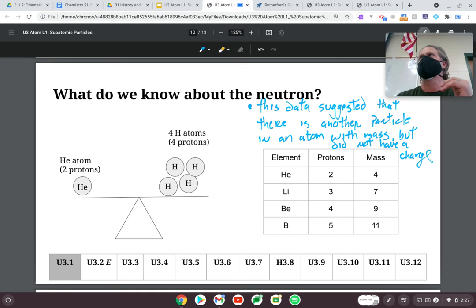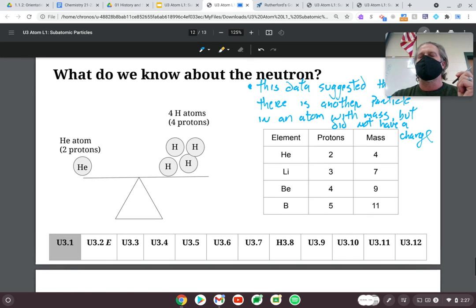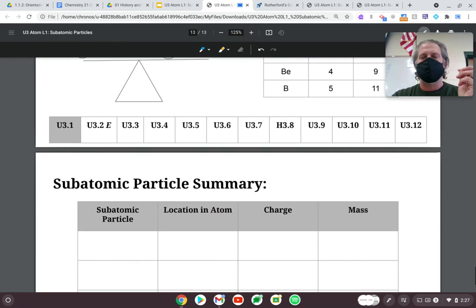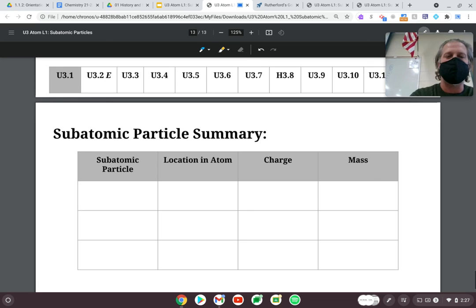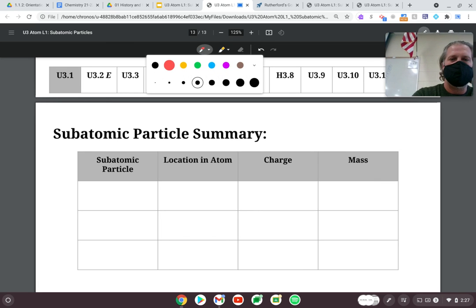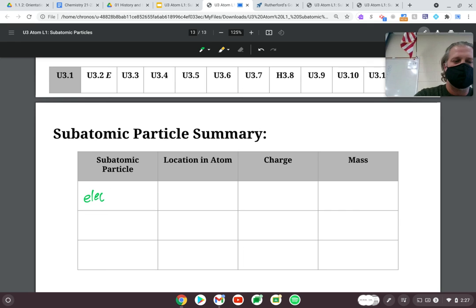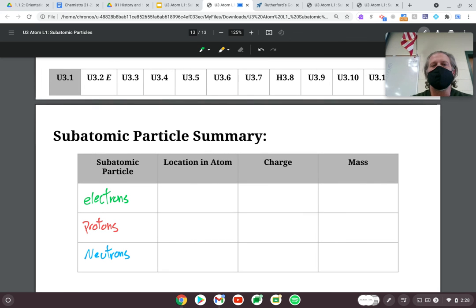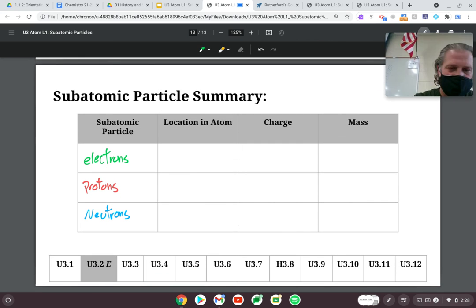So let's review. Subatomic particles. We had electrons, we had protons, and we had neutrons. Electrons are located where now? Outside the nucleus of the atom.